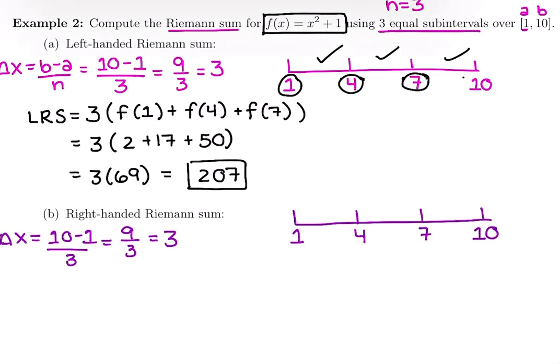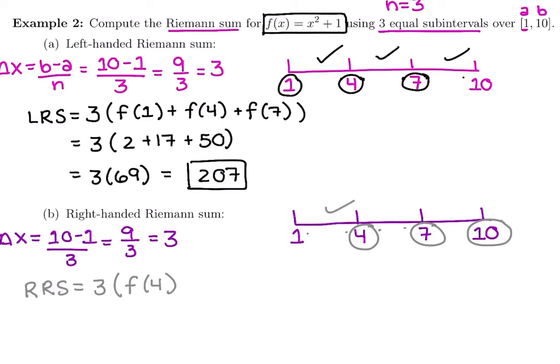Now the only difference is the x values I picked to plug into the function. I want the right-handed ones, so I'm going to choose 3 rightmost values. I could start on the right and circle 3, so 1, 2, 3. There's that one method. Or the other method is going through and thinking about how you have your width, and your first height would be between the box that you draw between 1 and 4, and you'd want to use the height at 4.